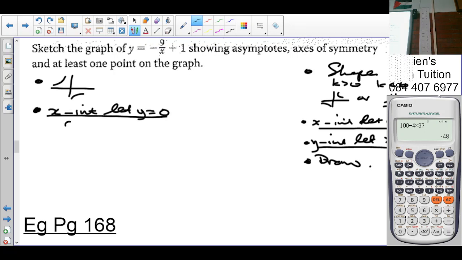So we have 0 equals negative 9 over x plus 1. Okay? So solve for x for me.